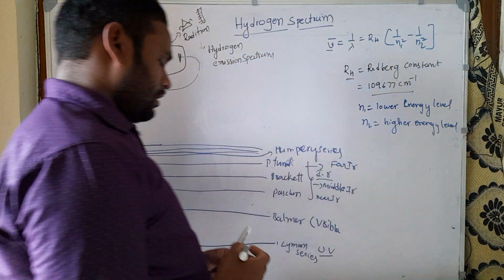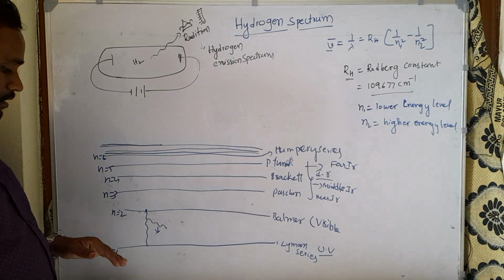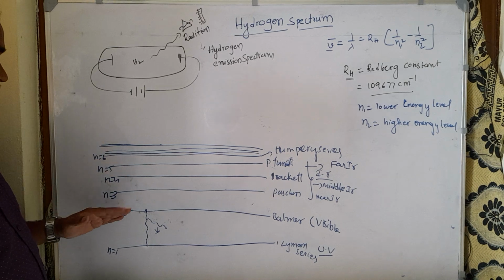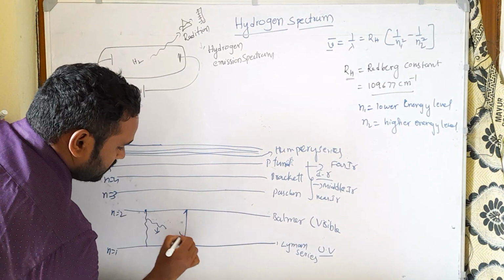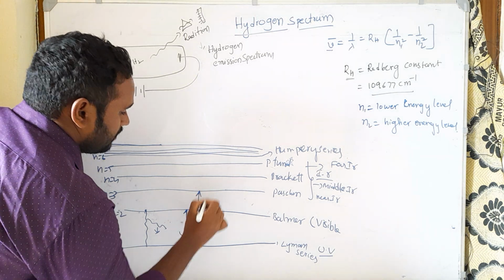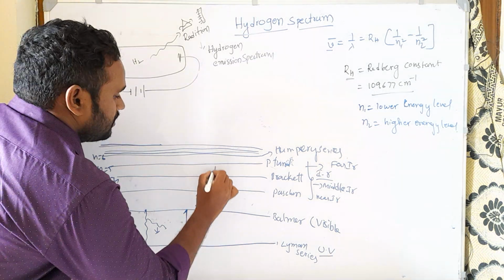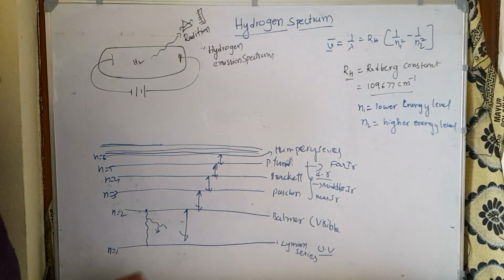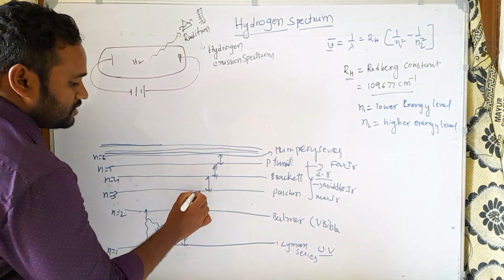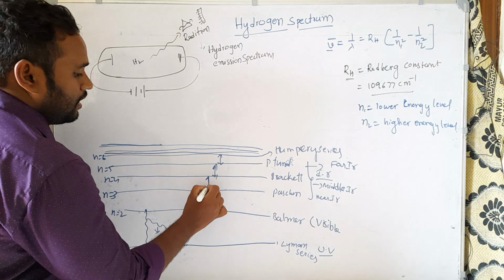So when you go from lower energy level to higher energy level, the distance between the lines decreases, and the energy gap also decreases. Here it has much distance, then somewhat less distance.